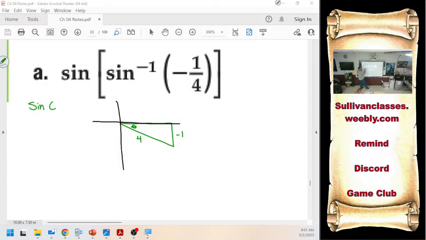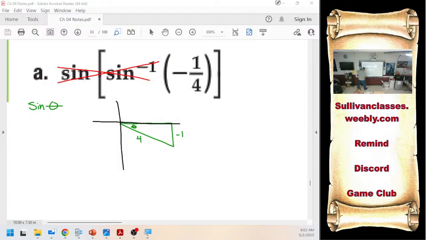So what's the sine of theta? Negative 1/4, right? So this is what should happen whenever you compose a function with its inverse. The input should be the output, but it's not always going to work out that way. The answer is just negative 1/4.